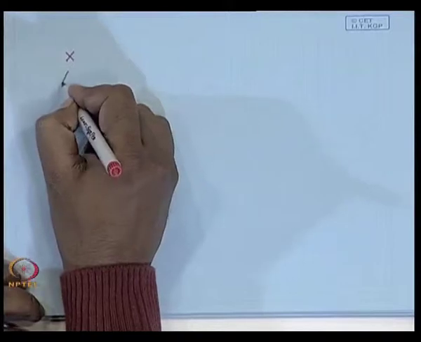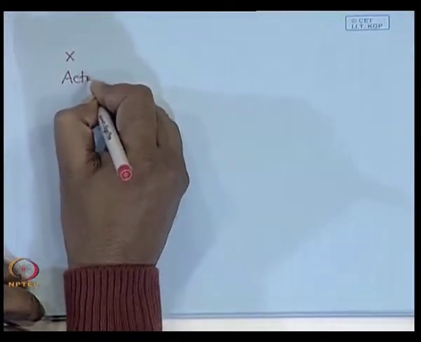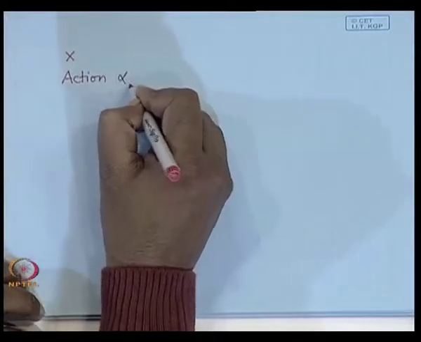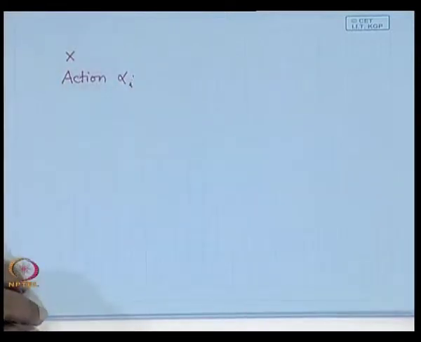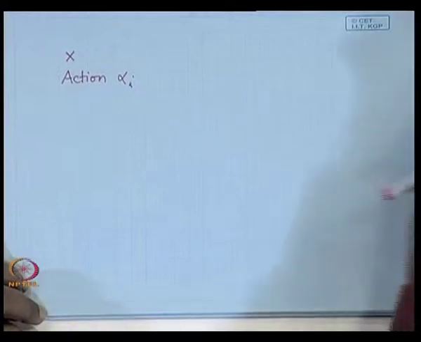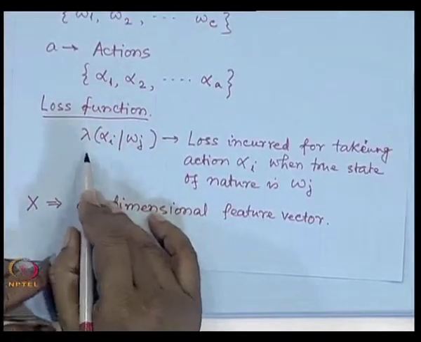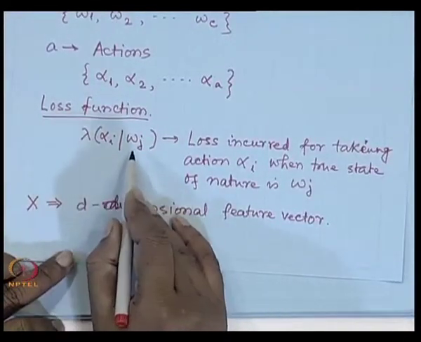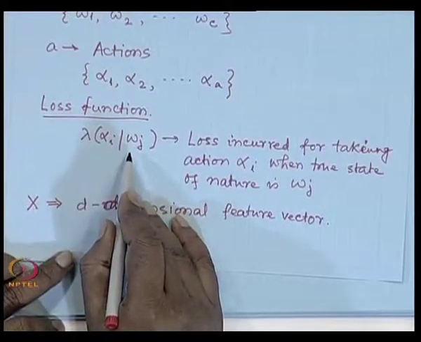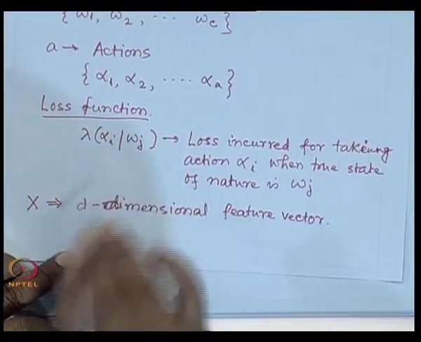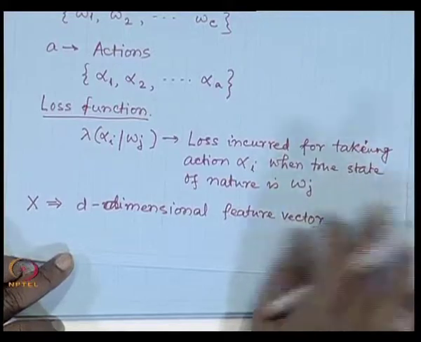So, x is the feature vector which is of dimension d, and for this feature vector we take an action alpha i. As we said earlier, the loss incurred for taking an action alpha i while the true state of nature is omega j is given by lambda of alpha i given omega j.